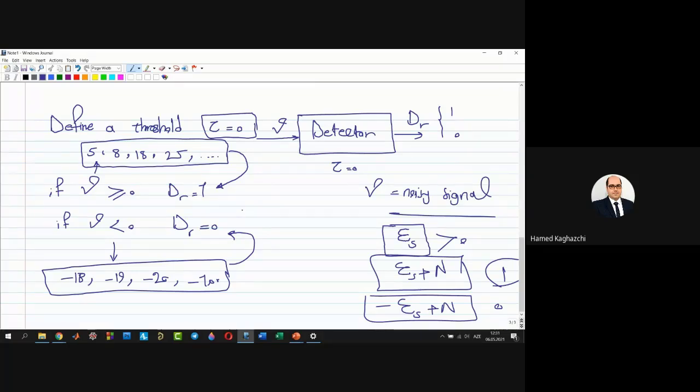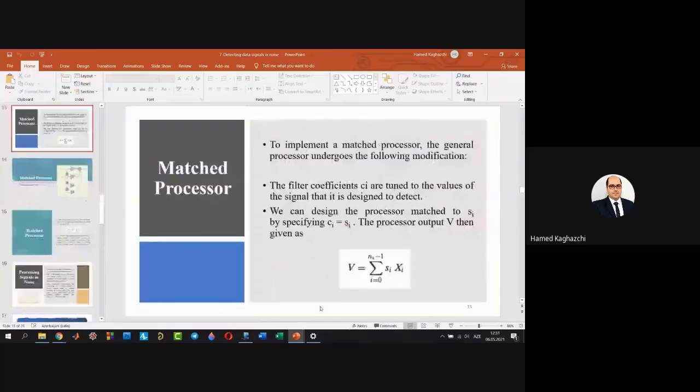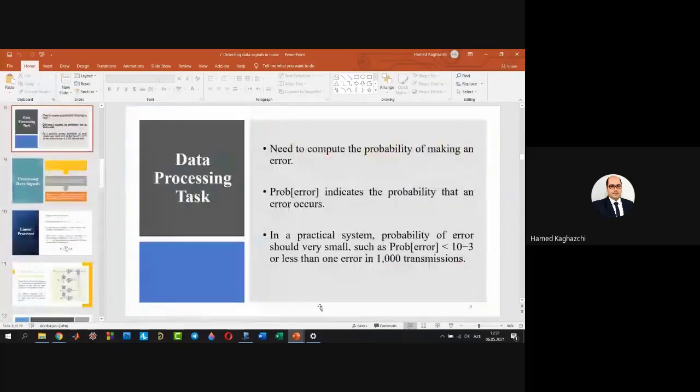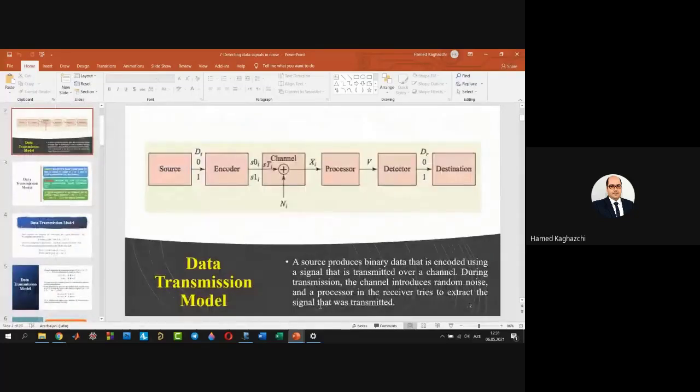If you look at here, you can find that using this process and this method, if dt is 0, it means that if my source produces 0, using this process, I will have 0 at the destination.